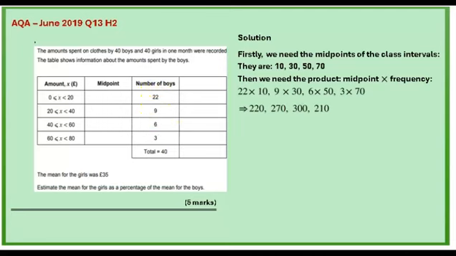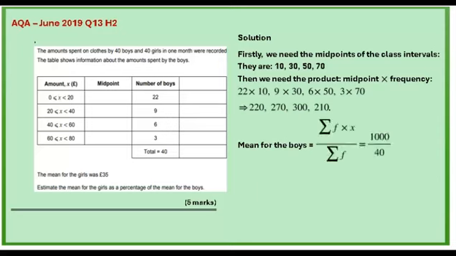So the formula for the mean for the boys is equal to the sum of f times x over the sum of f, the frequencies. And then if you add this, it is 1,000, and the sum of the frequencies is 40.